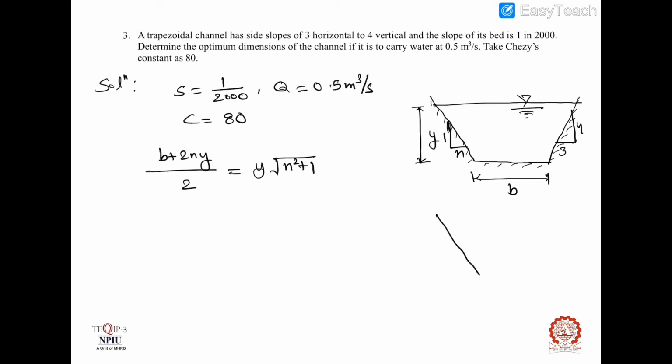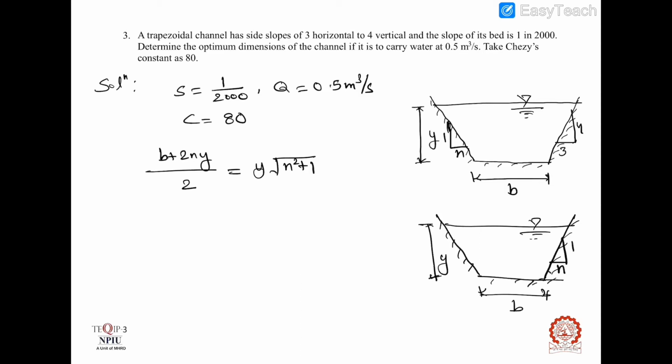Okay, let me draw one more diagram. This is the side slope 1:n. In this condition we derived the conditions for most economical section. So let's say this is theta, side slope is theta.